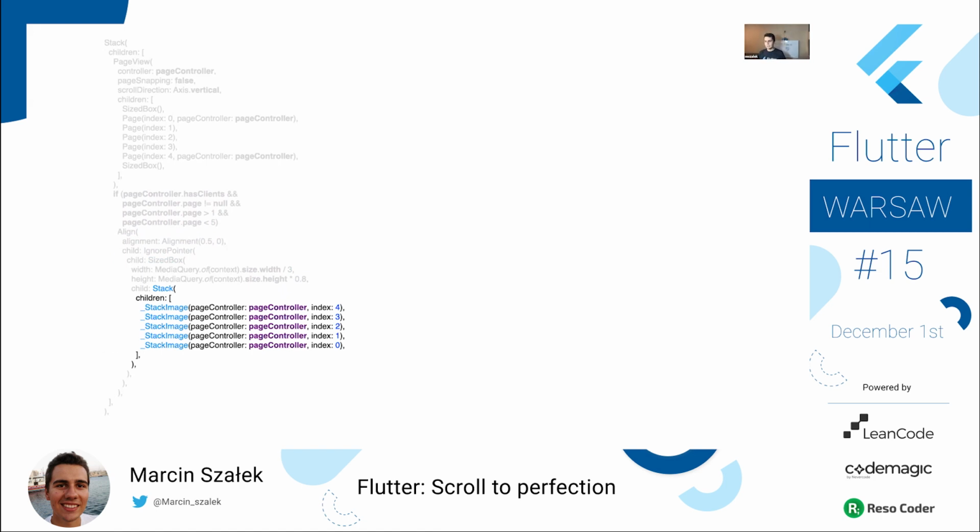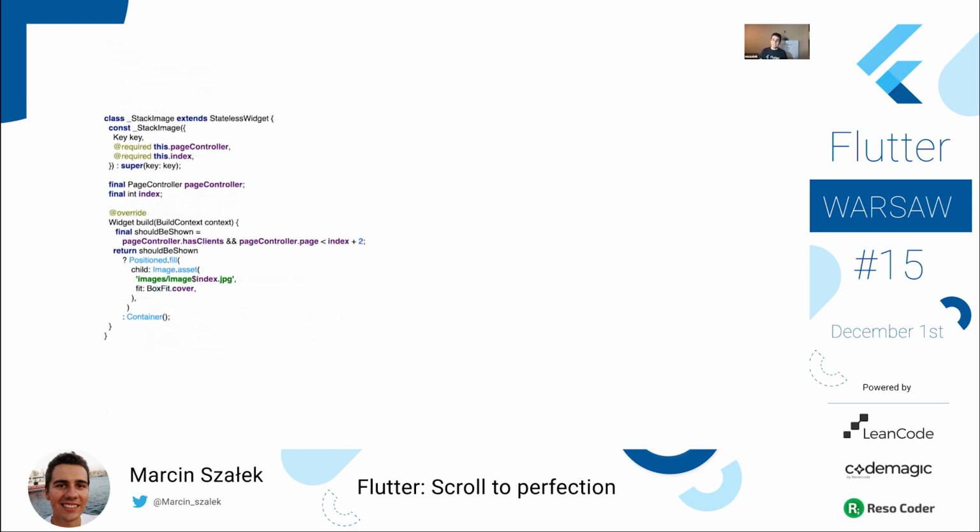Now, what is the stack image? The stack image is just an image that is hidden if its index is greater than the page. Now, the +2, you don't really need to care about it. Basically, for every image that we show, we can say, hey, show this image if the index is greater than the page.